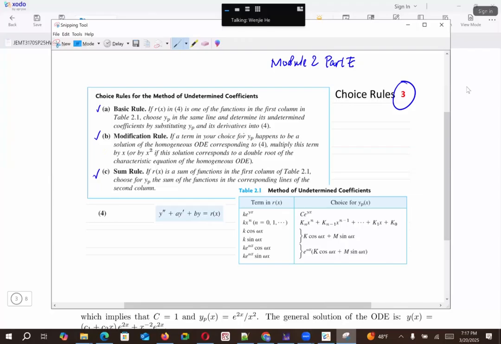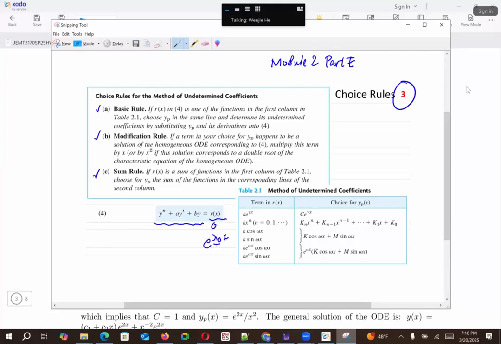If a term in your choice for YP happens to be a solution of the corresponding homogeneous ODE, multiply this term by x. Here it means, in your R(x) function, there could be some e to the lambda 0 x.